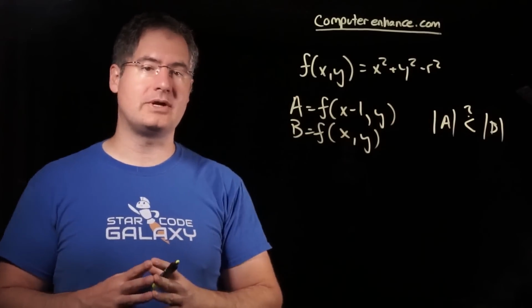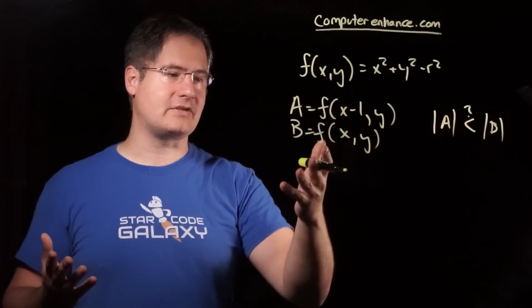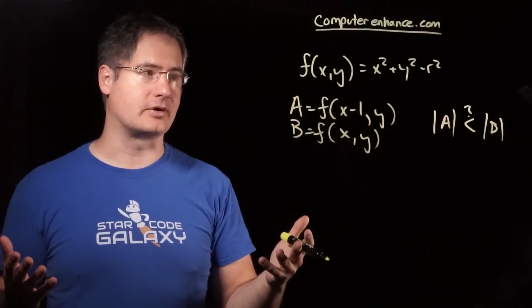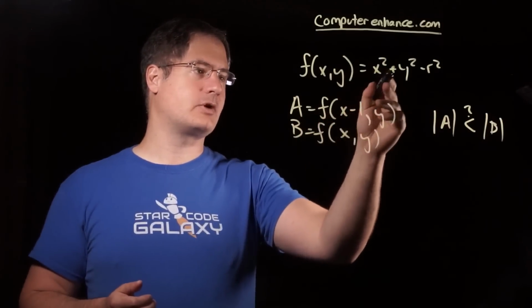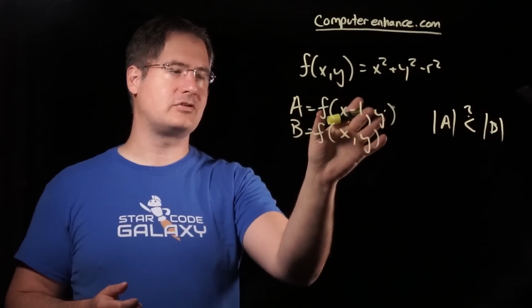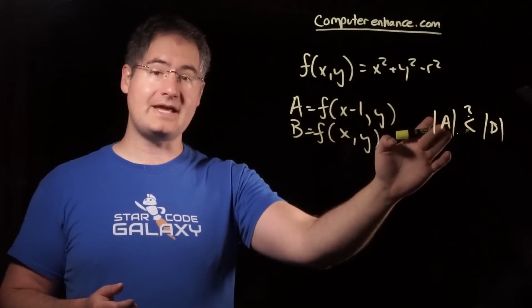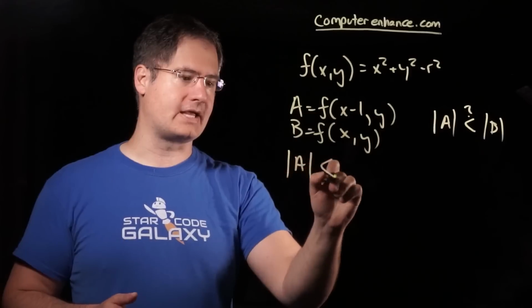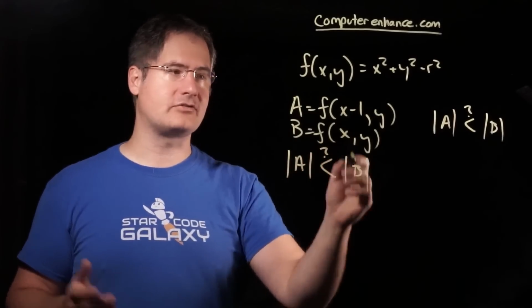So the first thing we need to do is expand this out. We basically need to take this and expand this into its actual functional form. So here we have x squared plus y squared minus r squared. We need to substitute this in. So on the A side, if we're going to do magnitude of A less than magnitude of B, we need to start substituting this in.